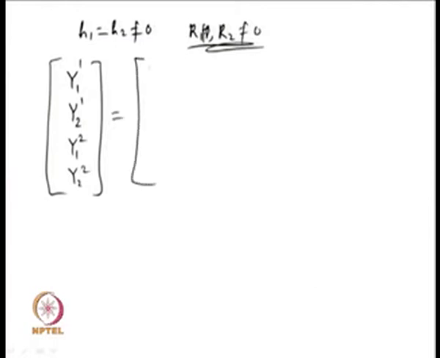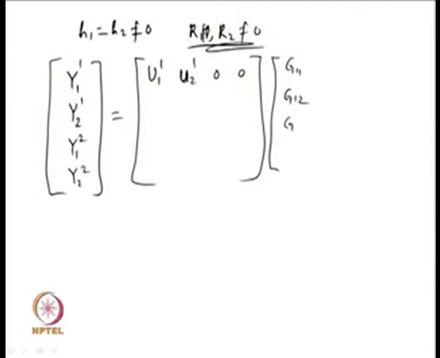Basically, these are nothing but your measurements U11, U21, 0, 0, with G11, G12, G21, G22, and let me complete this: 0, 0, and you will have U11, U21.